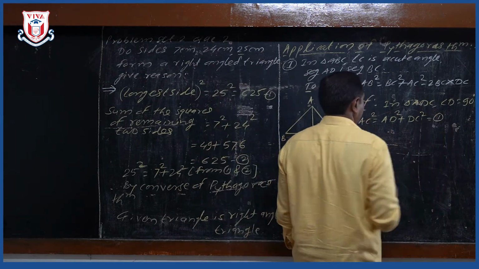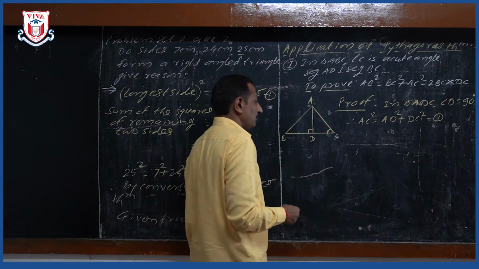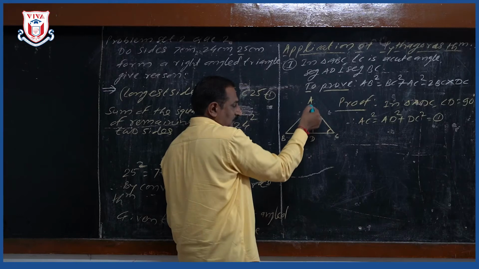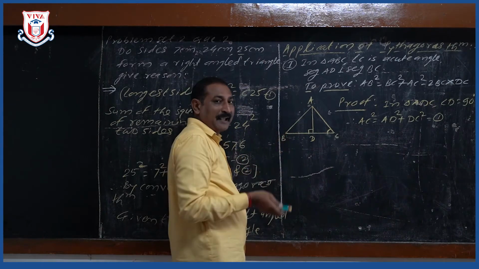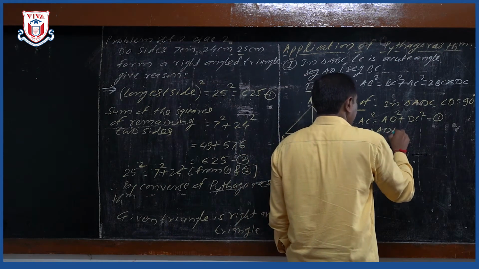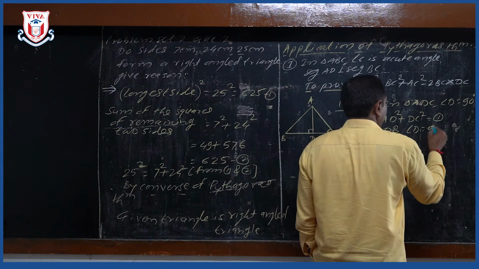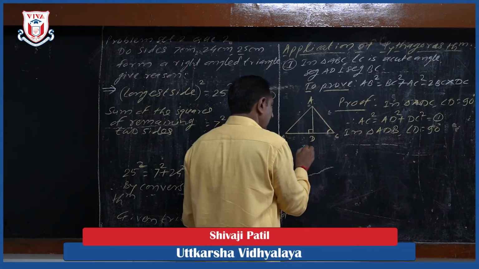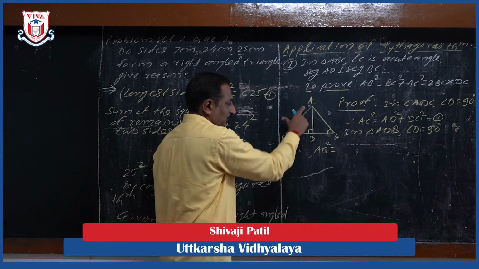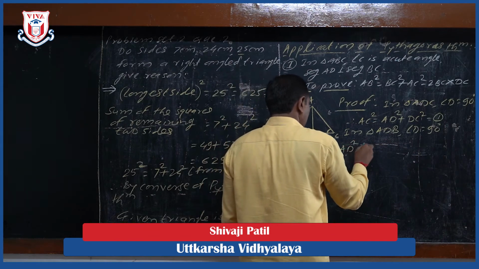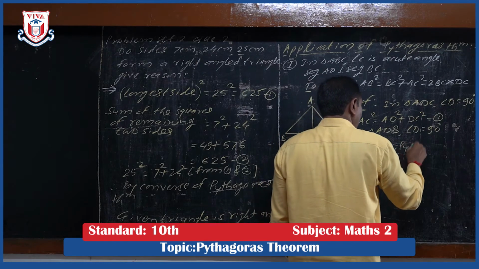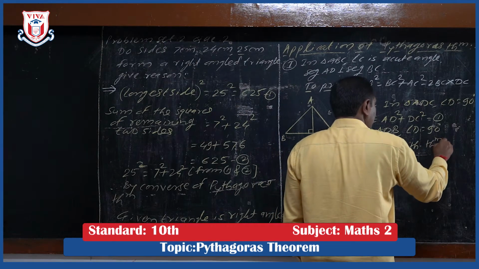Equation 1. Now, again in triangle ADB, angle D is 90 degrees. AB is the hypotenuse. By using Pythagoras theorem, in triangle ADB, angle D is 90 degrees. Therefore, AB square is equal to AD square plus BD square by Pythagoras theorem.